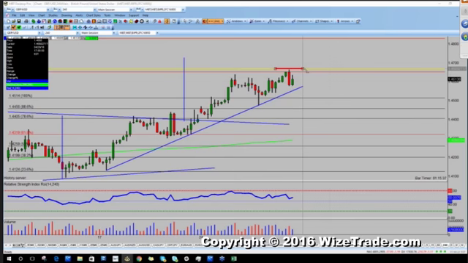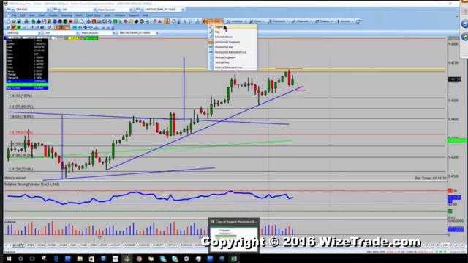Resistance is at 146.70 and support, I want to say it's the lows here, but it's actually going to be a little bit lower, 145.50. Those are key levels, guys, because again, I didn't want to just try to move them, so I'll just redraw them.